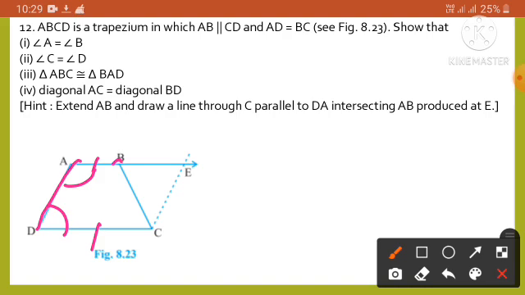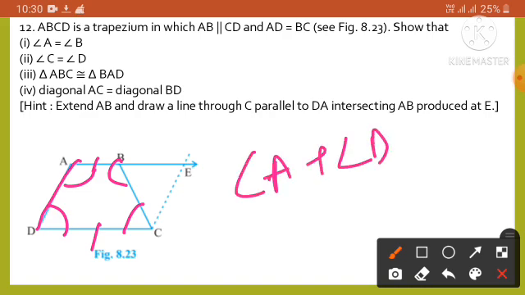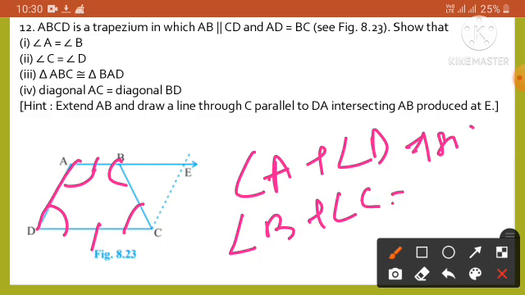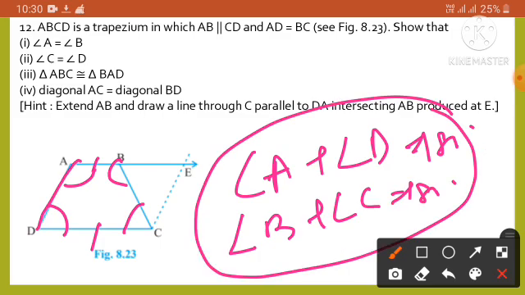Similarly, angle B plus angle C equal to 180 degrees. And we know that angle A equal to angle B, so we can say that angle C equal to angle D here. Okay, so we got the second part.